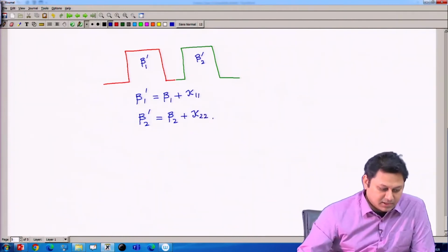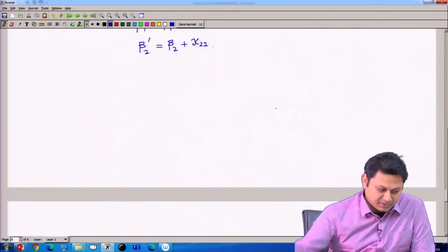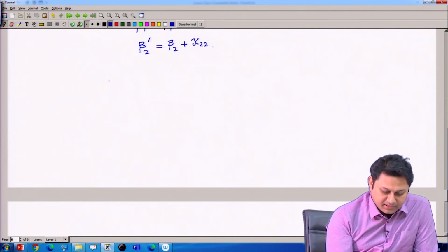That is the correction we are talking about.